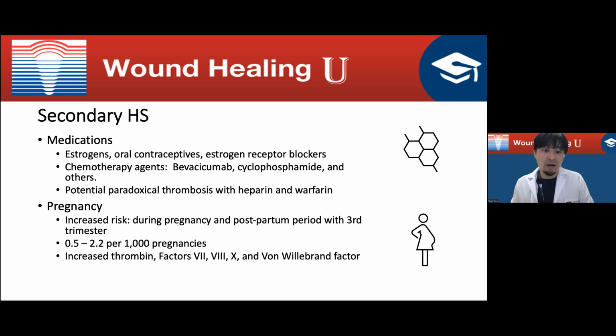In addition, pregnancy and postpartum periods are also risk periods. Venous thromboembolism occurs in 0.5 to 2.2 cases per 1,000 pregnancies. An increased production of thrombin and increased some coagulation factors are observed in pregnant women.